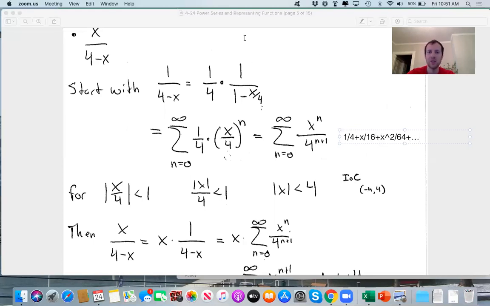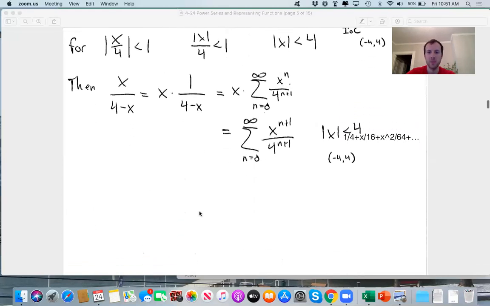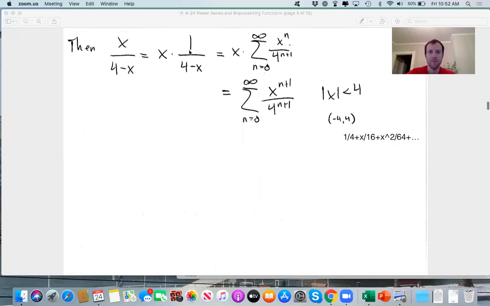The difference is, if you start with this bottom series, that every term has an extra x. If you put in 0, you get x over 4. If you put in 1, you get x squared over 16. Put in n equals 2, you get x cubed over 64. So it's the same basic form, but the extra x is distributed onto every single term.